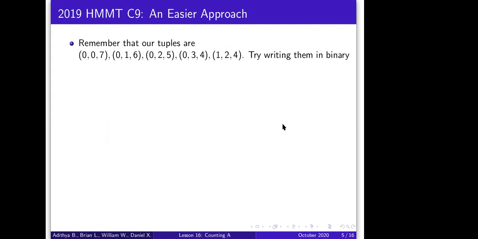So an easier approach is there's 5 different ways we can fill in a row. So do you notice anything if we write these numbers in binary?